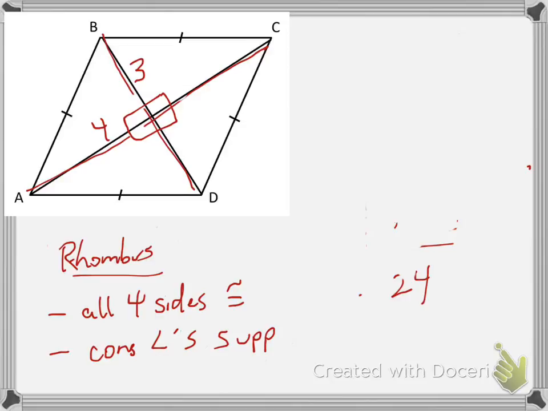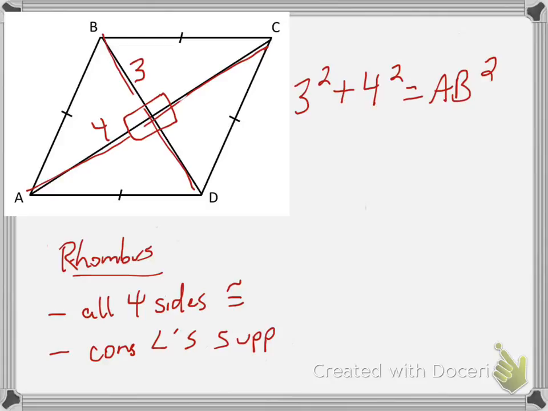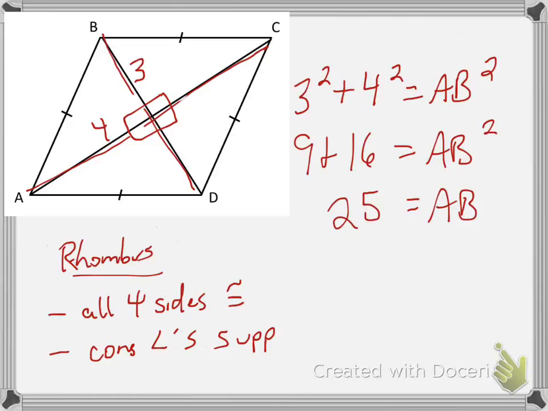Side AB would be the hypotenuse, so the sides of the rhombus are the hypotenuse. So 3 squared plus 4 squared equals AB squared. 9 plus 16. You're using the Pythagorean theorem just like you would on anything else. Take the square root to solve.